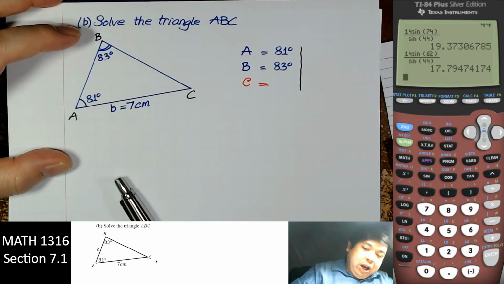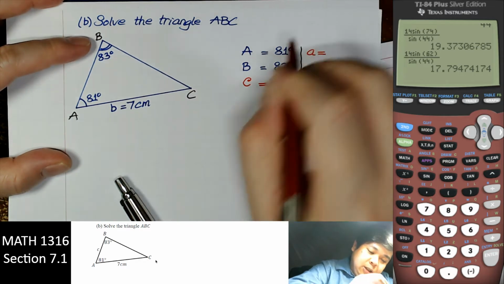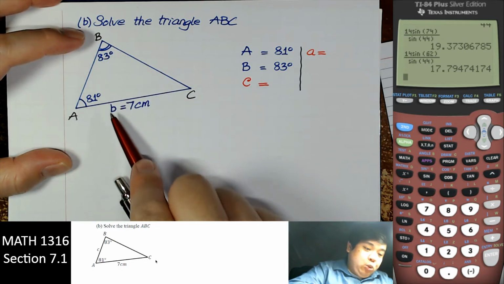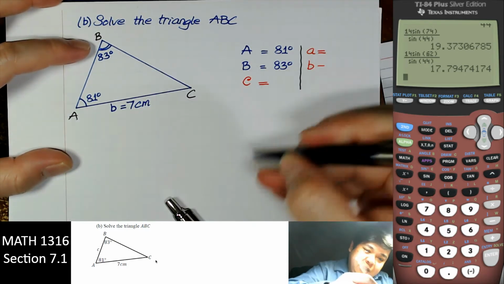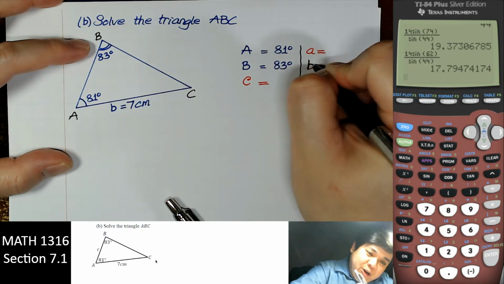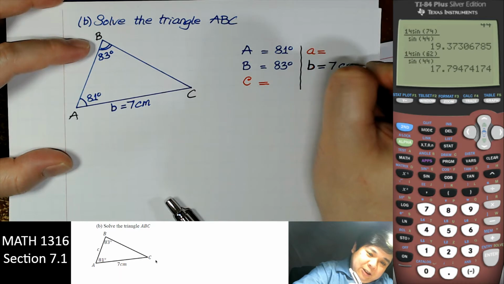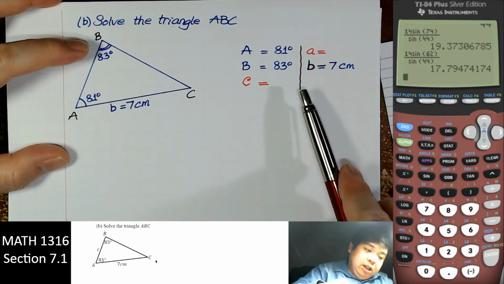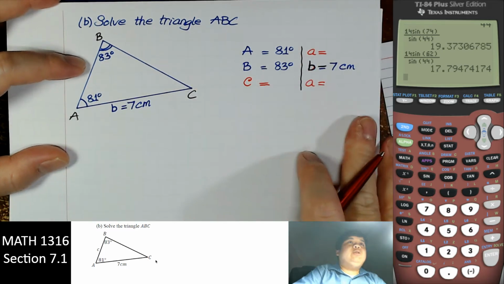Do we know little a? We don't know that. Do we know little b? Yes, we do. 7. Okay. So try to keep the color code. And then obviously, the sine A we don't know. Right. So that's what we have.